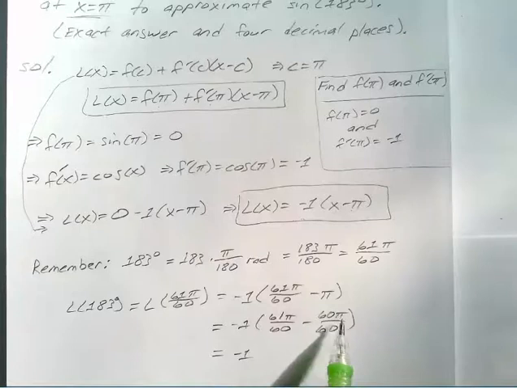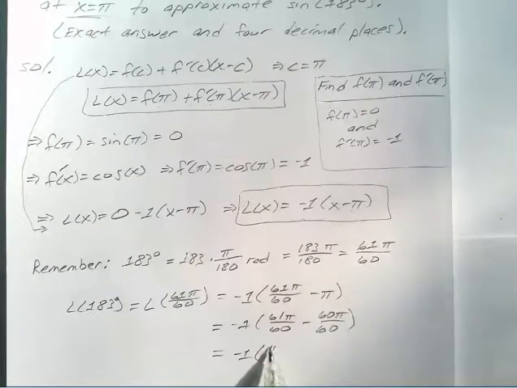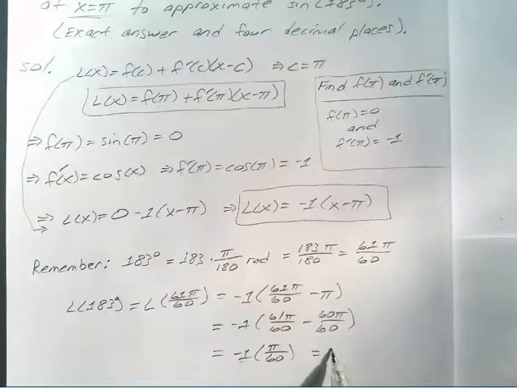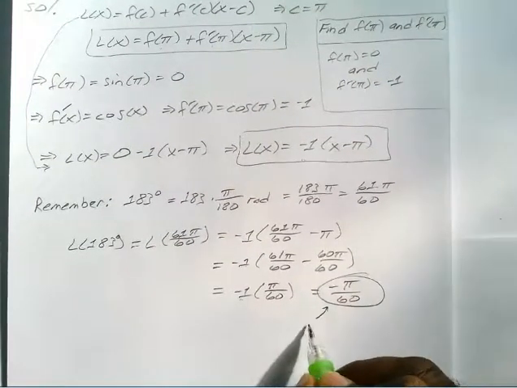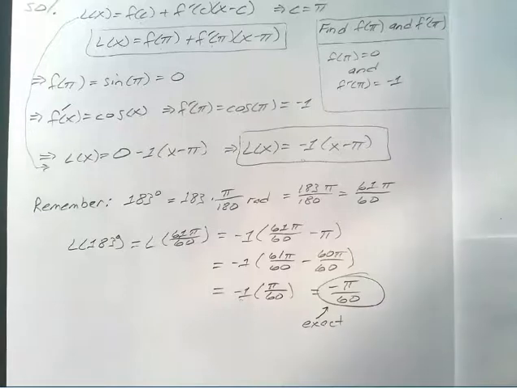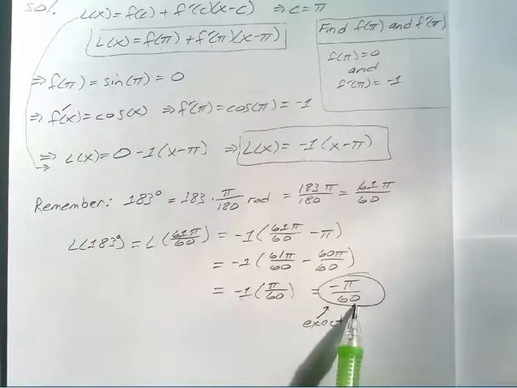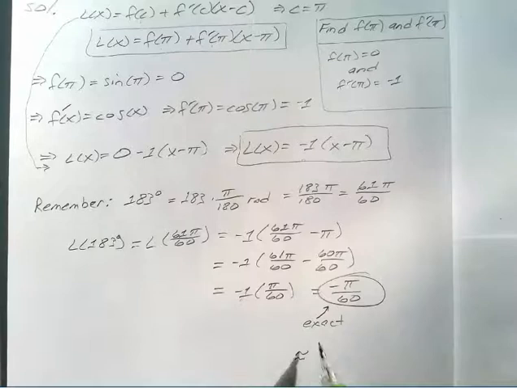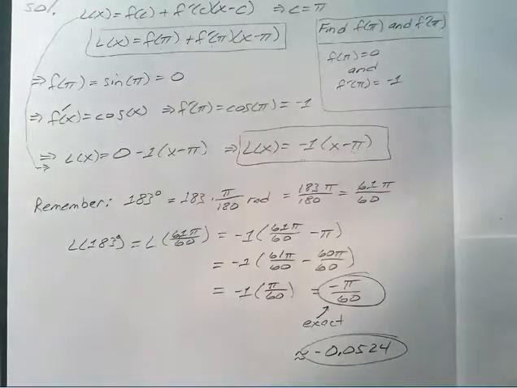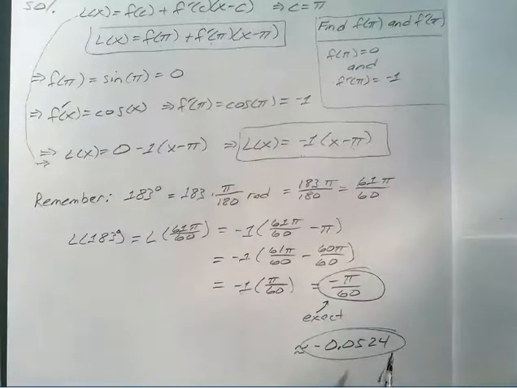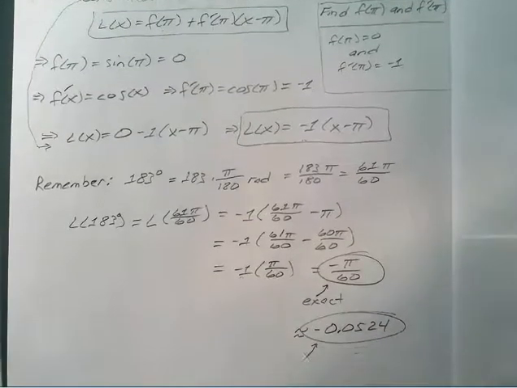So 61 pi minus 60 pi is 1 pi, or just pi over 60, multiplied by -1 is negative pi over 60. Okay, so that is our exact answer. Now if you plug that into a calculator, it comes to be about -0.0524. Okay, so this is your answer to 4 decimal places.